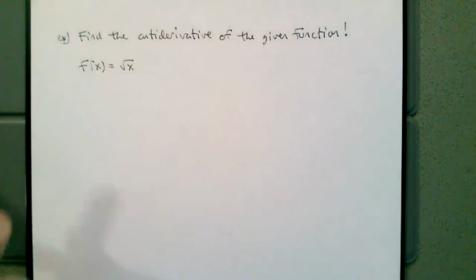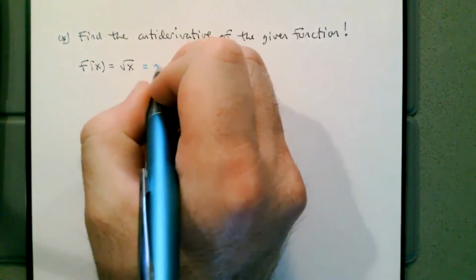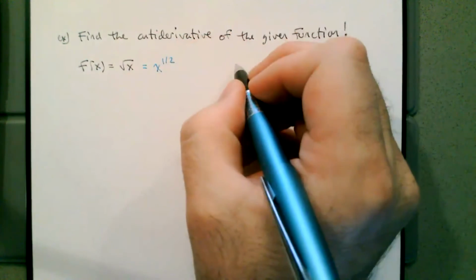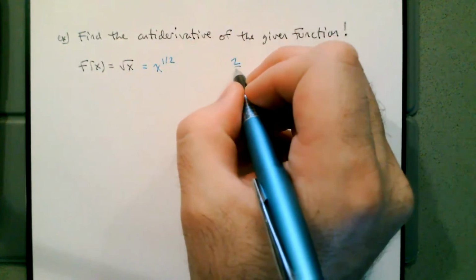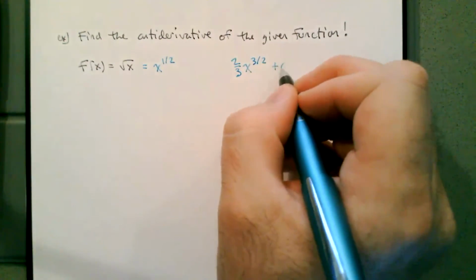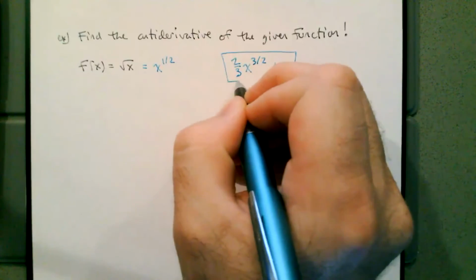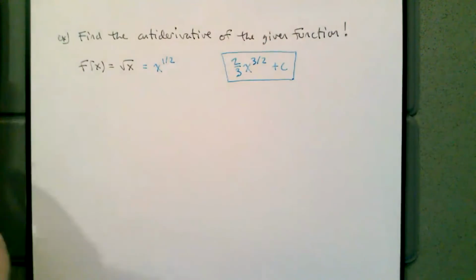What I intend is for you to read this as x to the 1/2 power. So the antiderivative is 2/3 x to the 3/2 plus c, because the derivative of 2/3 x to the 3/2 is x to the 1/2.